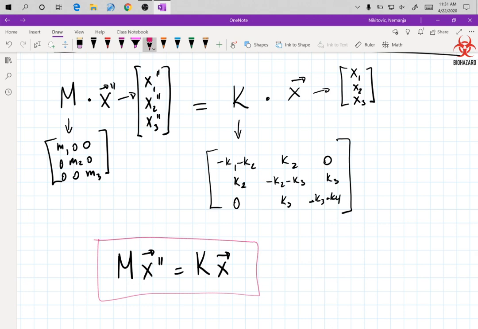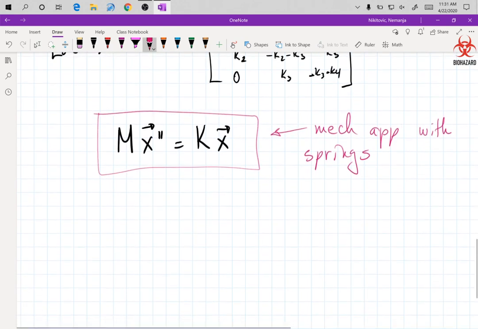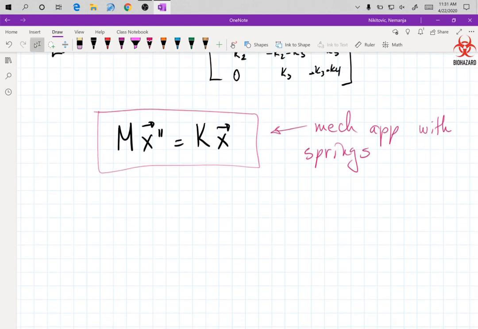So we need to convert this, right? So this is our application. However, we need to get to x double prime equals A x, right?